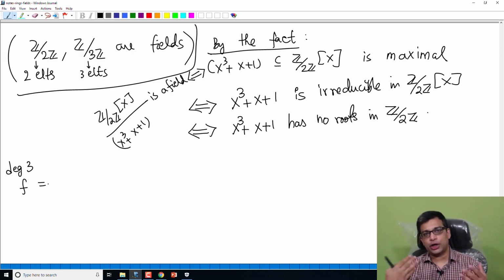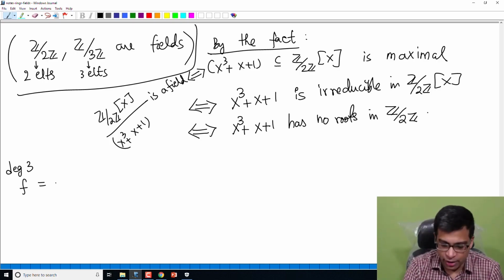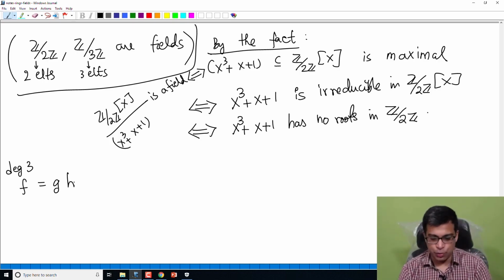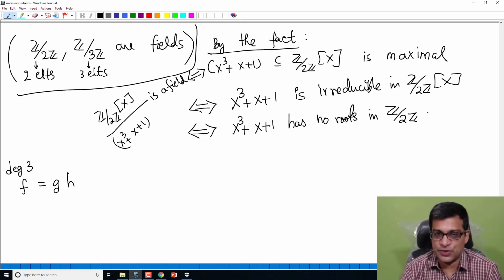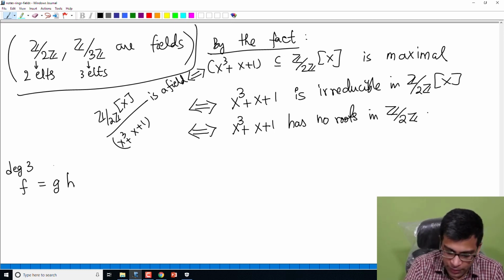How can it fail to be irreducible? A degree 3 polynomial, in order to be not irreducible, must factor as a product of two polynomials g and h. But because the degree of f is 3, the sum of the degree of g plus the degree of h is 3, and both are supposed to be strictly less than 3. That means one of them has to be degree 1, the other degree 2.